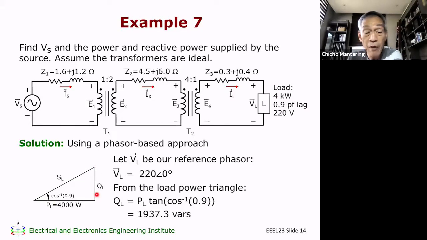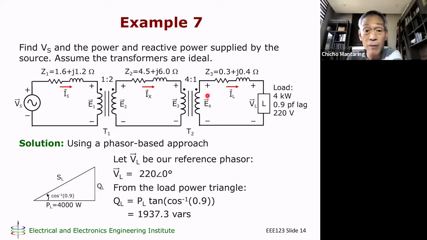If I know Q, then I can determine I sub L using the complex power formula. If I know I sub L, I can get the voltage drop across J3, and that will allow me to determine E4 using KVL.